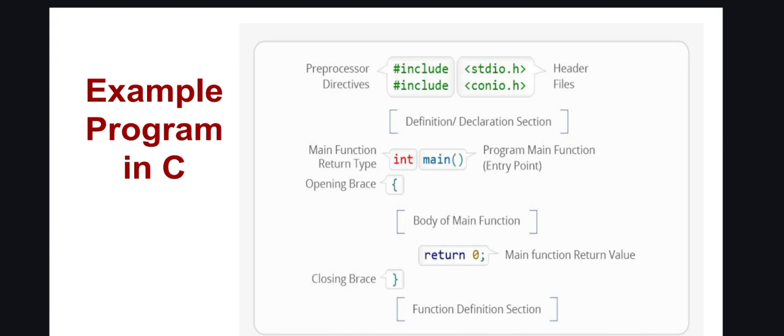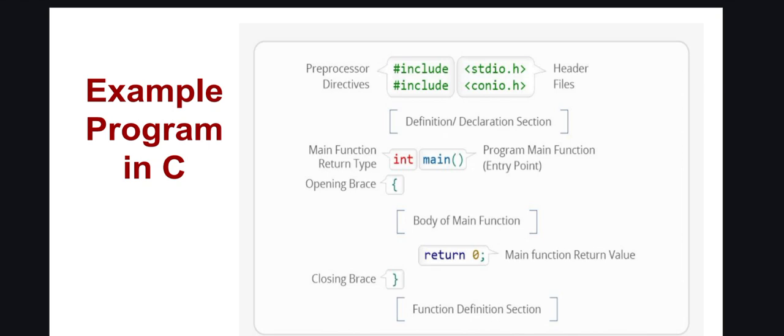There are two header files included in this particular structure of C program. Those are stdio.h and conio.h. Stdio represents standard input and output, whereas conio represents console input and output functions.